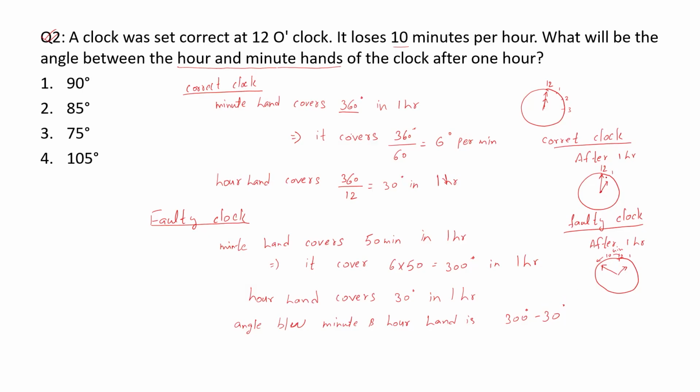Now, in the correct clock, after 1 hour, your minute hand would have covered this full round, that is 360 degrees. But in the faulty clock, it has just covered this much. This much is 300 degrees. So the angle between the minute and hour hand is 270. But 270 is not in the options. So that means they are talking about the smaller angle.